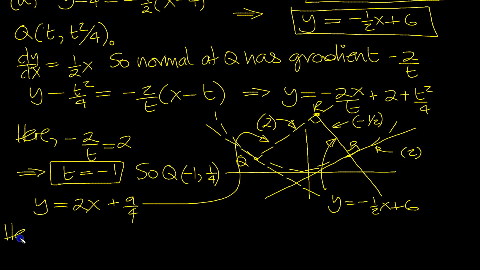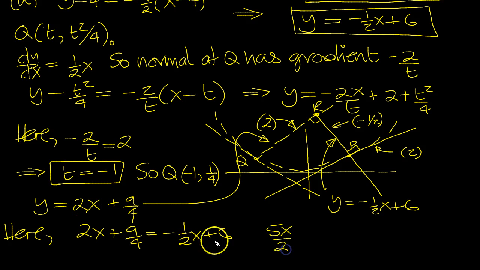So here, to find the x-coordinate, we just let the y's equal then, don't we, at R. 2x plus 9 over 4 then is equal to minus a half x plus 6. Move this over, 5 over 2 x, 2.5x. When we move that over to plus, 6 minus 9/4. 6, as quarters, is 24/4, isn't it? Minus 9 is 15/4.